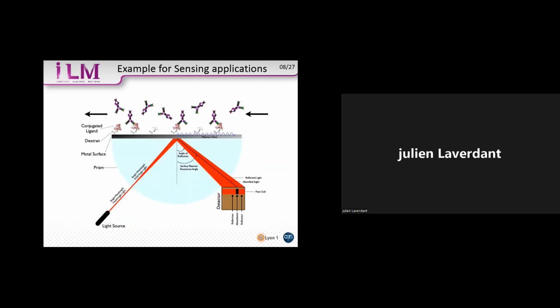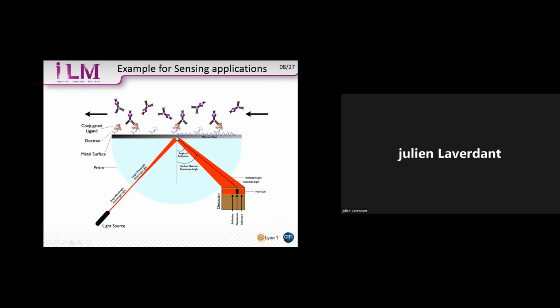An example of a real application is a sensor which you can buy commercially now. It's based on the surface plasmon. So this is the principle. You have a prism like this. You have a flat gold surface. And you shine this surface with a light source, for example. You fix the wavelength and the angle.